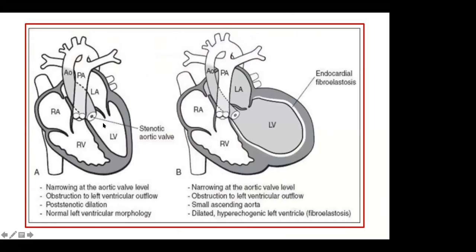Another left side lesion is aortic valve stenosis. This is severe aortic valve stenosis. The LV is still functioning well, hypertrophied. There is post-stenotic dilatation. However, in the extreme form where there is a critical aortic stenosis, the LV is struggling to push the blood against a very stenotic aortic valve, and that will affect the cardiac output. So you need a PDA in those type of patients.